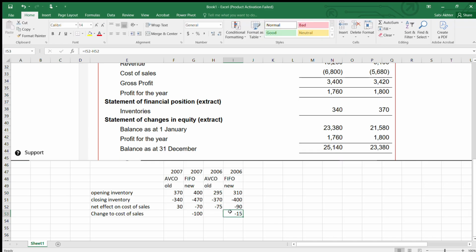From your new, you have to deduct the old. Then you will get the right amount with the right sign. So negative 15, you have to change your cost of sales. Under old LIFO for 2007, this was the net effect, but under new, the effect is minus 70. So you have to deduct another 100 from your cost of sales to reach the new. And here you have to deduct another 15. You understand?